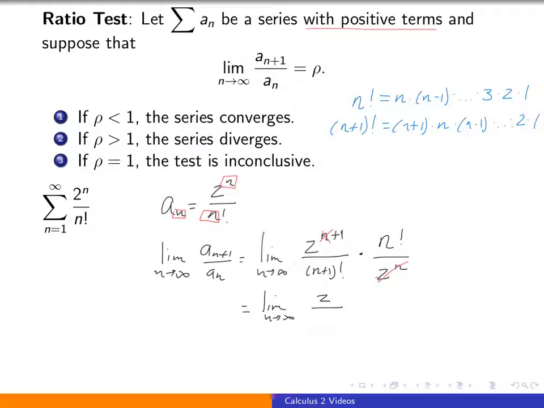So by comparison, this n times n minus 1 times dot dot dot all the way to 3 times 2 times 1 is n factorial. So n plus 1 factorial is really equal to n plus 1 times n factorial.